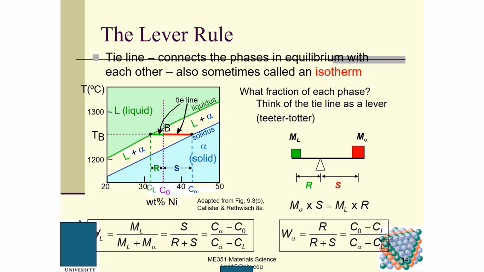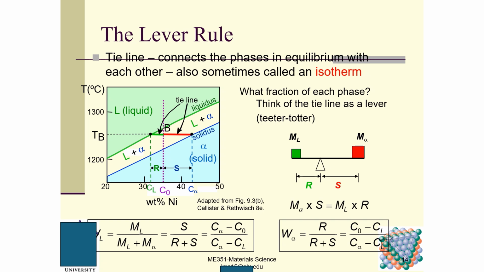Let me put it this way. You can see M alpha multiplied by S, force multiplied by arm, equals ML multiplied by R. So you need to be very, very careful: the product of these two equals the product of these two.